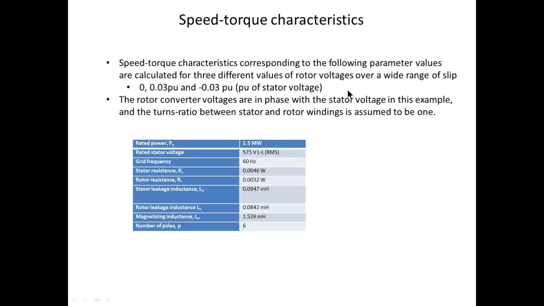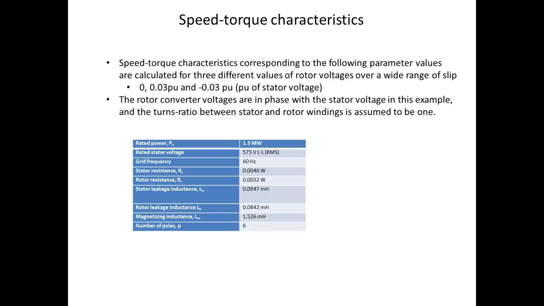So we are going to draw the speed torque characteristics for 3 very different values of the rotor converter voltage VR. For VR of 0, which is essentially like operation as a squirrel cage induction motor, the rotor is short circuited, or an application of 0.03 per unit at the rotor side converter terminals, or negative 0.03 per unit, meaning it is out of phase with the stator voltage.